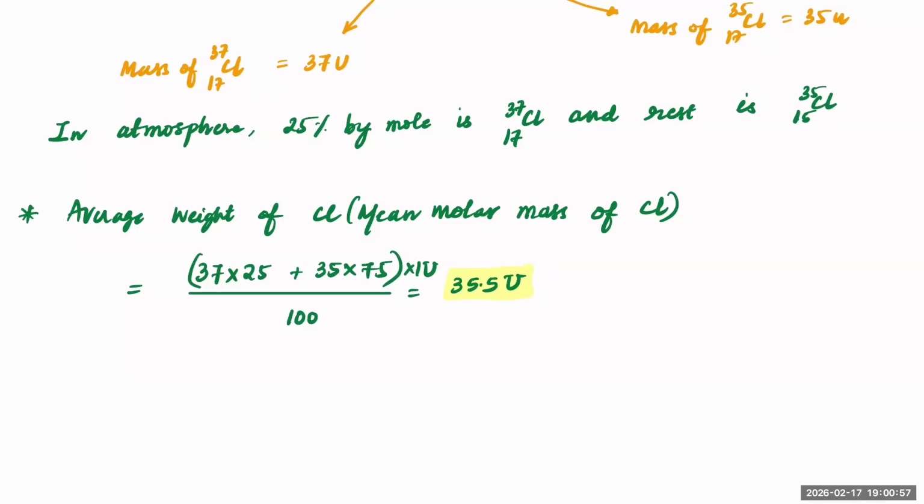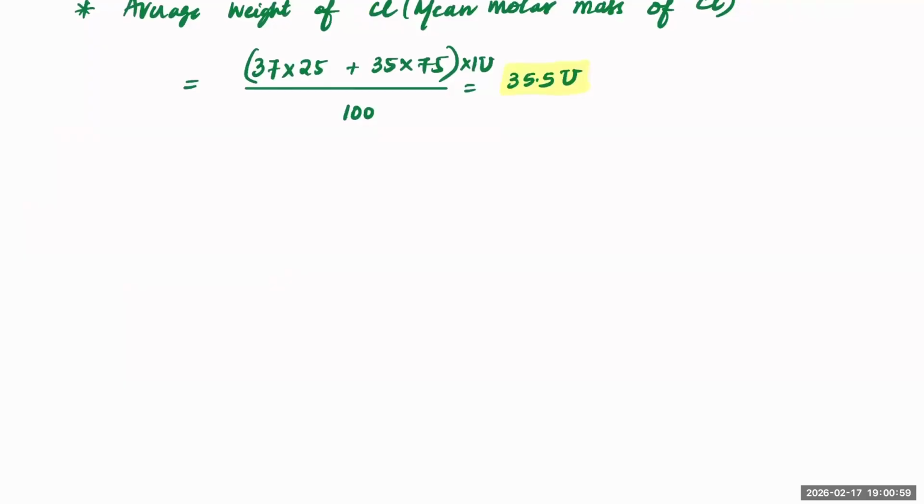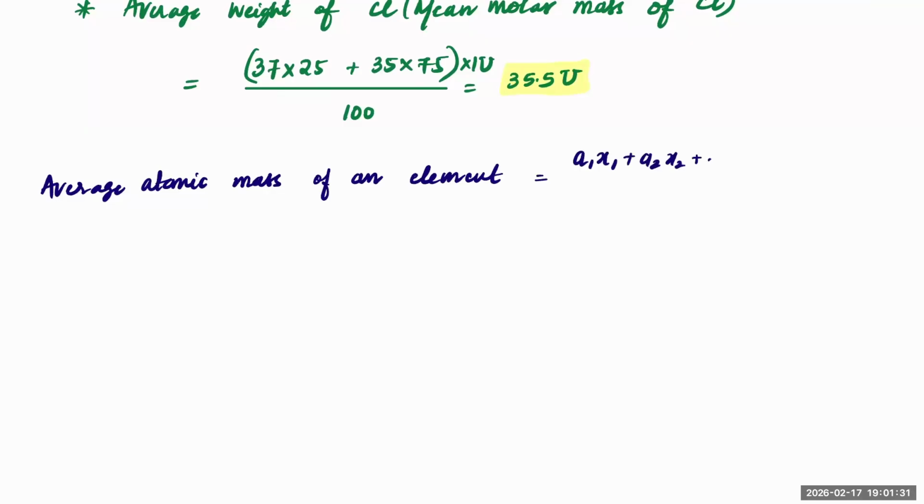Very good. So from here, I can make a general formula for average or mean molar mass. You can write this: the average atomic mass of an element can be written as A1x1 plus A2x2 and so on, divided by 100.